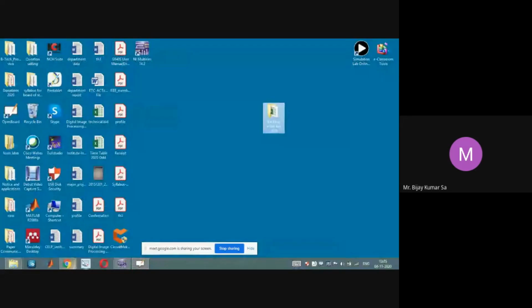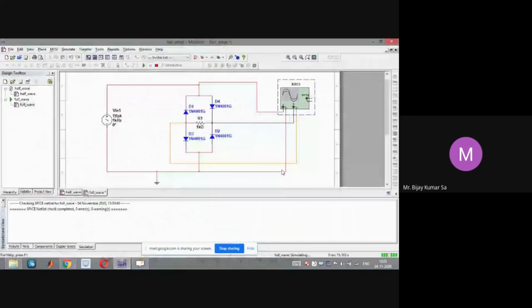So let us get a multimeter. I will stop the simulation over here, get a multimeter and connect it across the load. I can connect the positive terminal to this and the negative terminal to this, because this wire ultimately goes to this terminal.